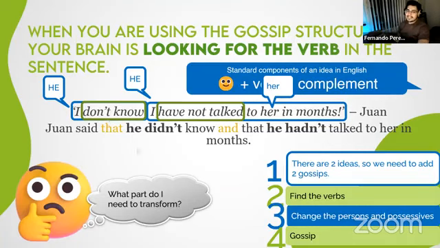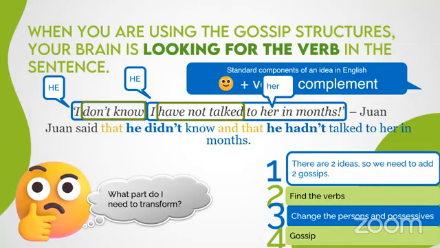Juan said that he didn't know. This is idea number one. And again, that, and then idea number two. He hadn't talked to her in months. You see the connection?